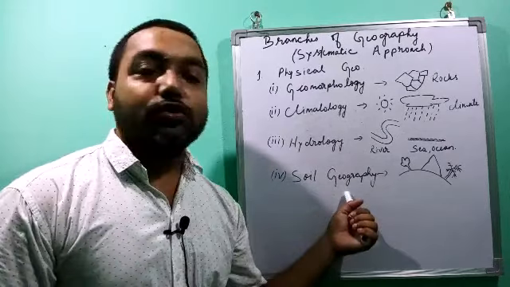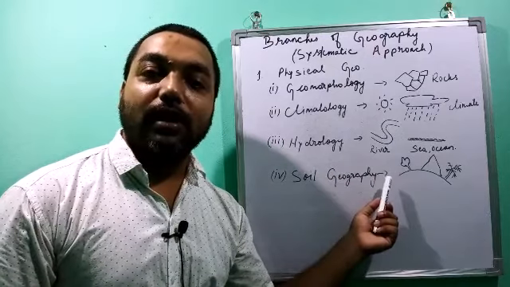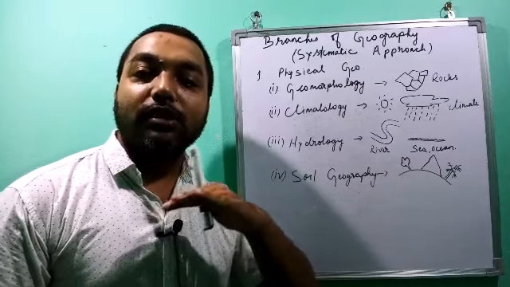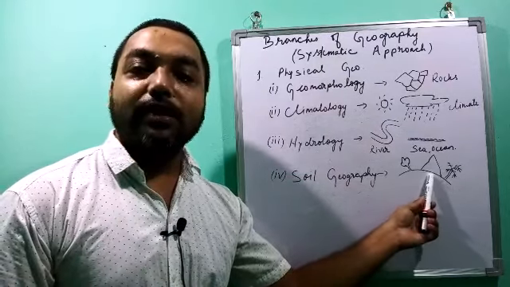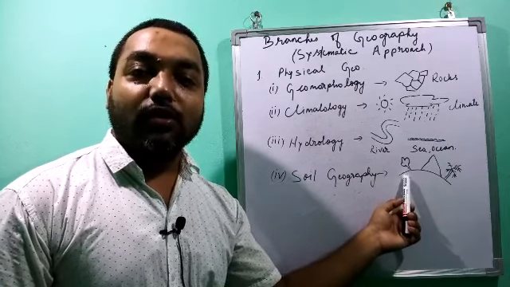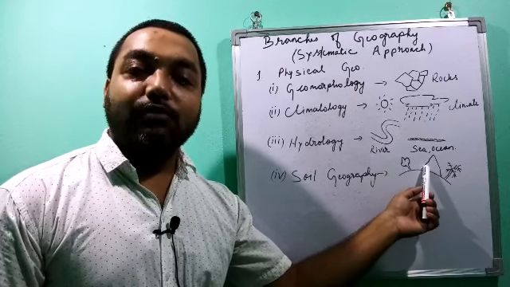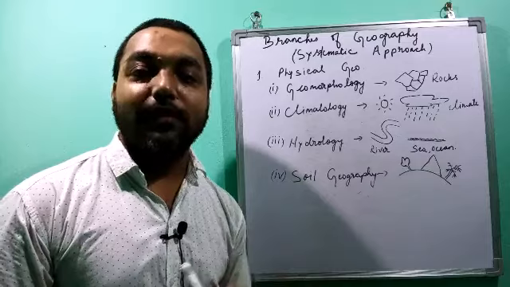Next is soil geography. Soil geography is the component we have already discussed in the previous classes. The soil is the component which forms the top layer of the earth surface. Suppose this is the earth, the top layer of the earth is known as soil. On this soil different kinds of plants grow. On mountains or small hills also soil is found.